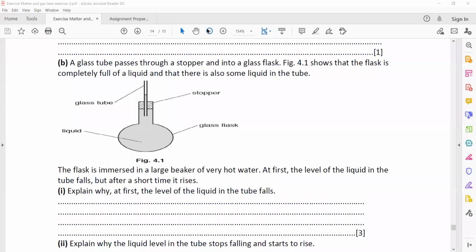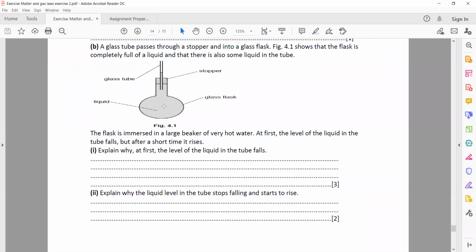That's called capillary action, like liquid rises in the tube. In the question, the flask is immersed in a large beaker of hot water. So we take a beaker, a container, and we immerse this in hot water.